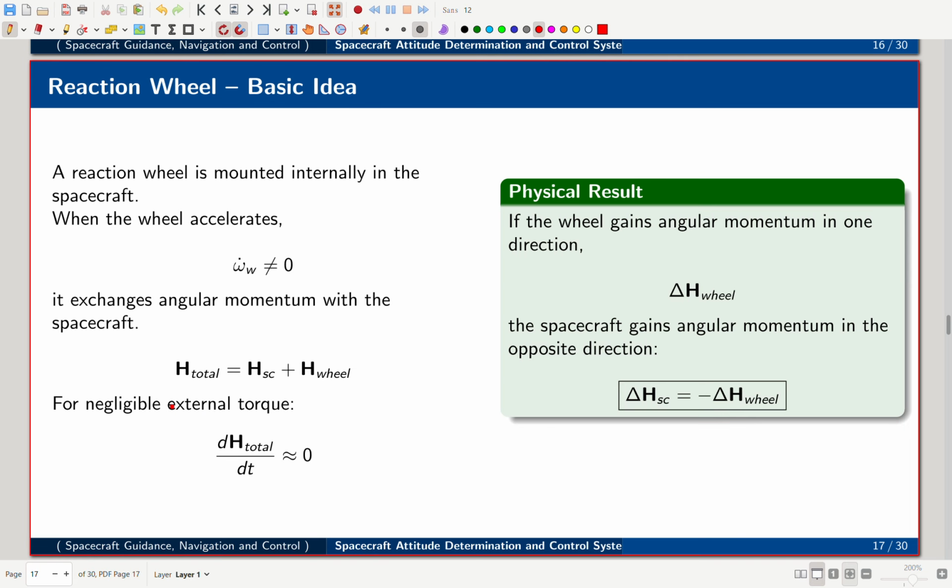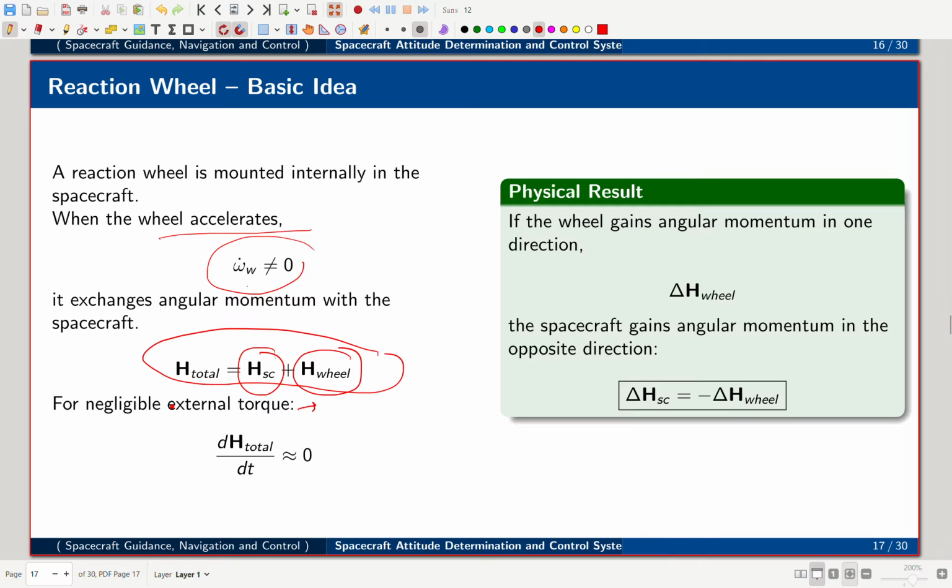Reaction wheel basic idea. A reaction wheel is mounted internally in the spacecraft. When the wheel accelerates, meaning the rate of change of velocity is not zero, it exchanges angular momentum with the spacecraft. So the total angular momentum will be constant, or conserved, right? This is the spacecraft angular momentum, this is the wheel, and the sum is constant.